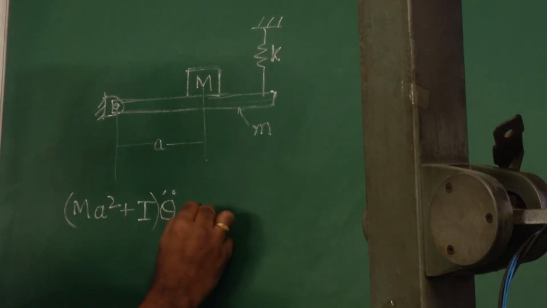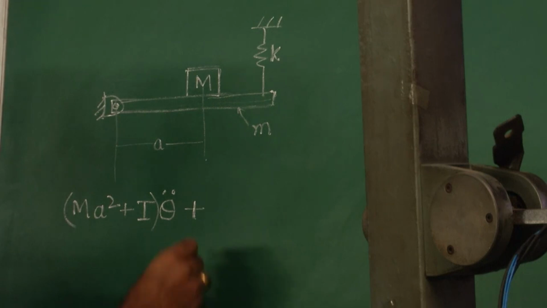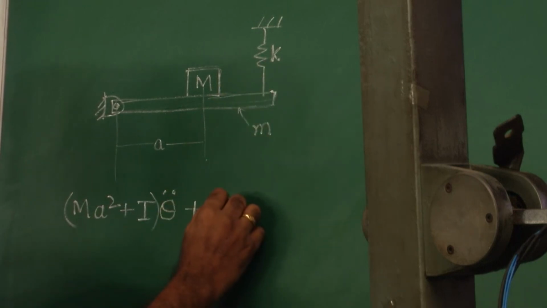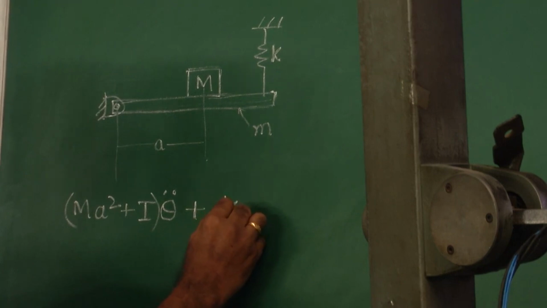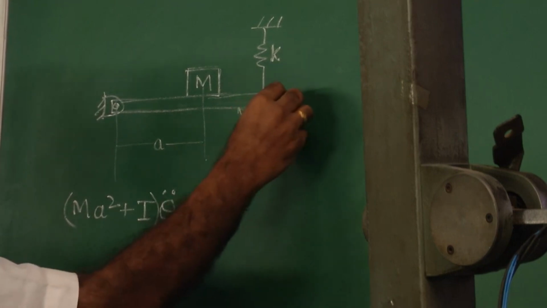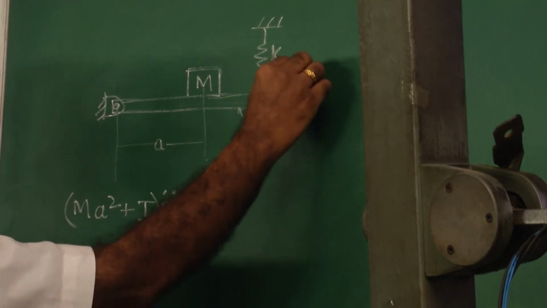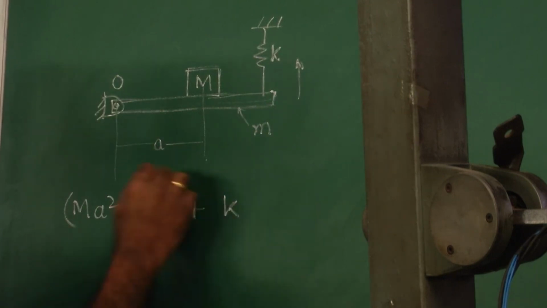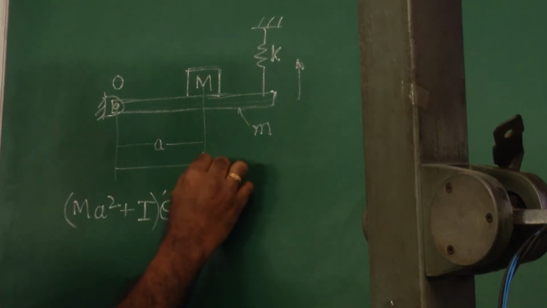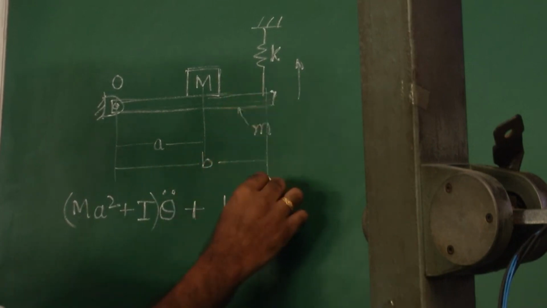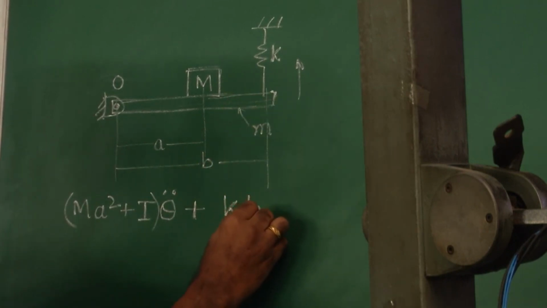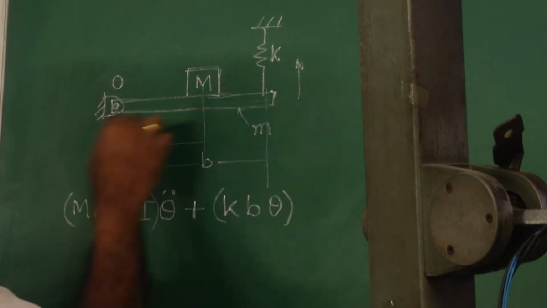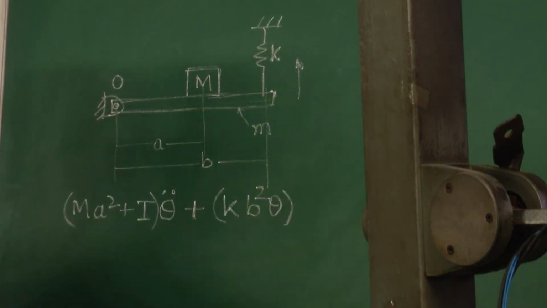And the other term that is expected is going to be this term because of the spring, and that spring is going to create a restoring torque or restoring moment about this fulcrum, and therefore, if this distance is taken as b, then this is going to be k b theta, and the distance again, so b square.